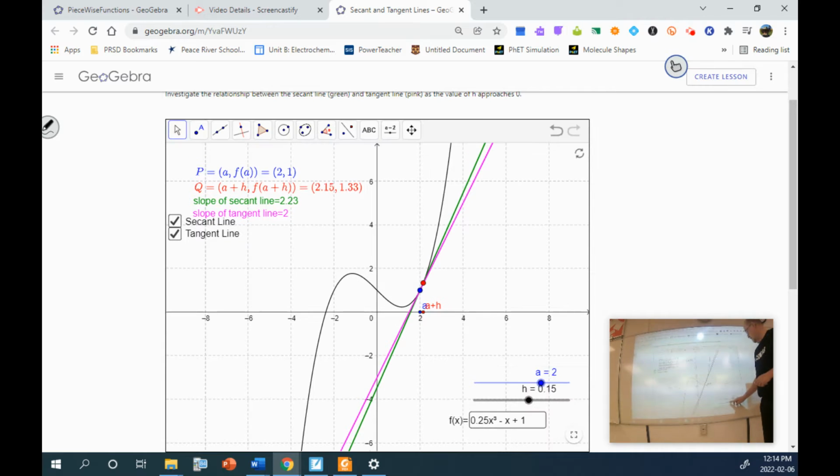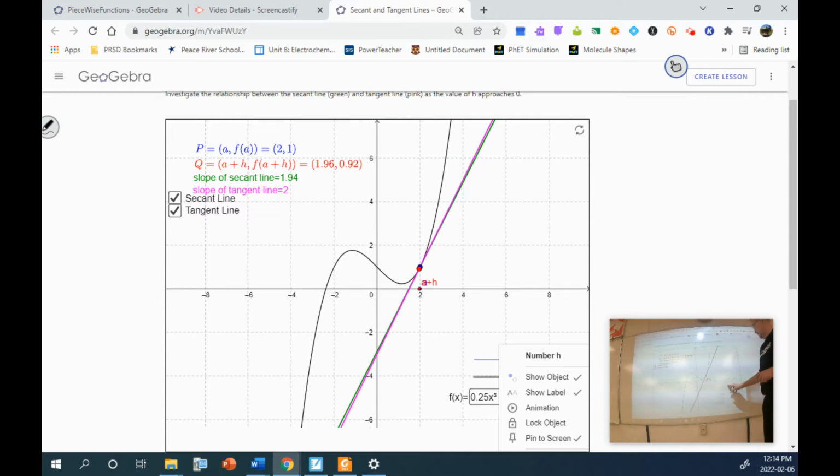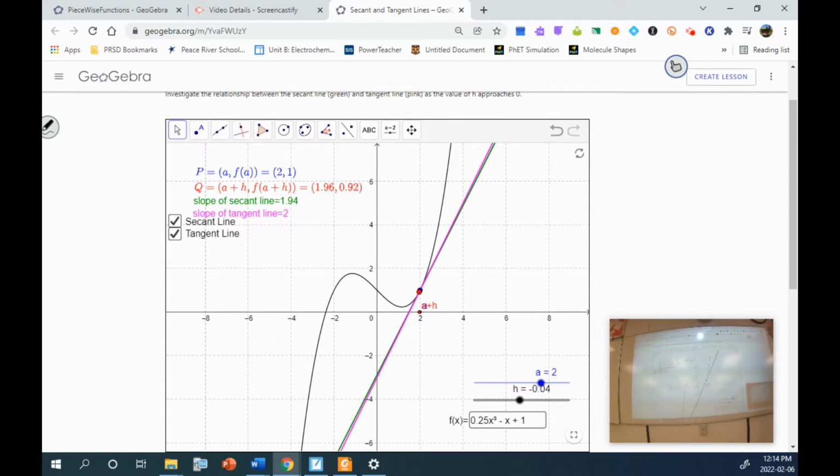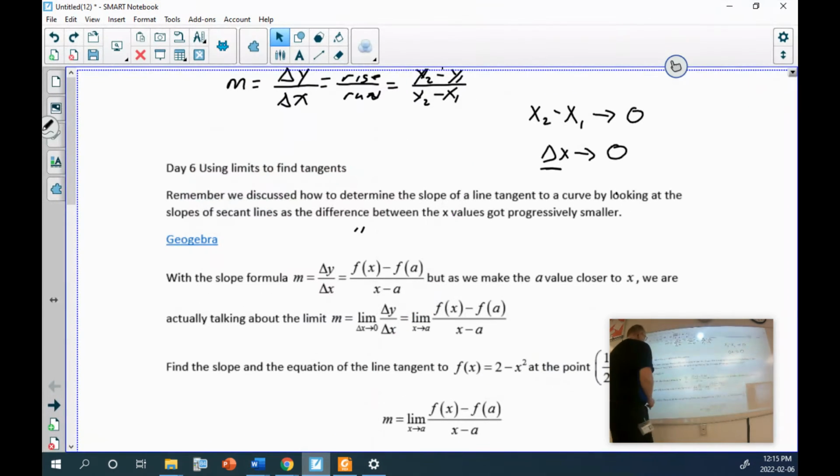Down to 0.04. I'm really close, and you can see that slope of the green line is starting to get very close to the slope of the purple line. I can't actually put it up there because my computer's being a pain, but that's the idea, and that leads us to our definition.